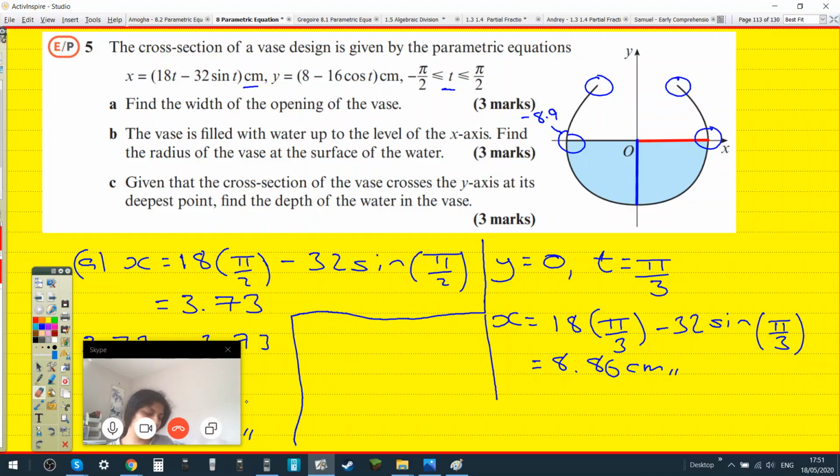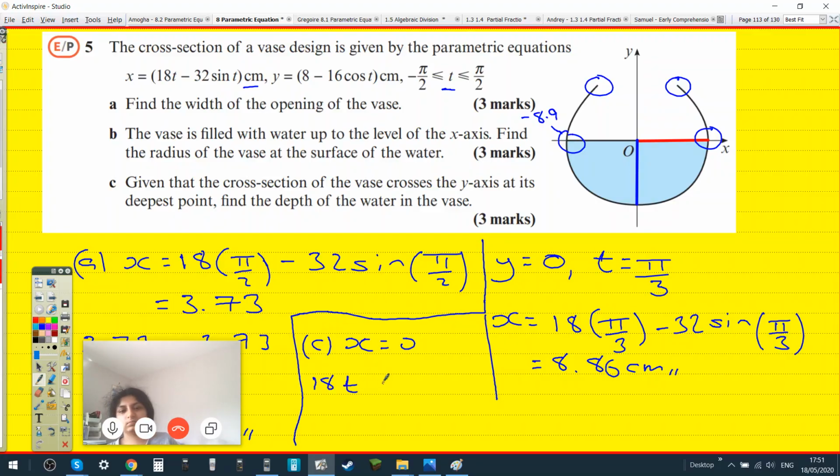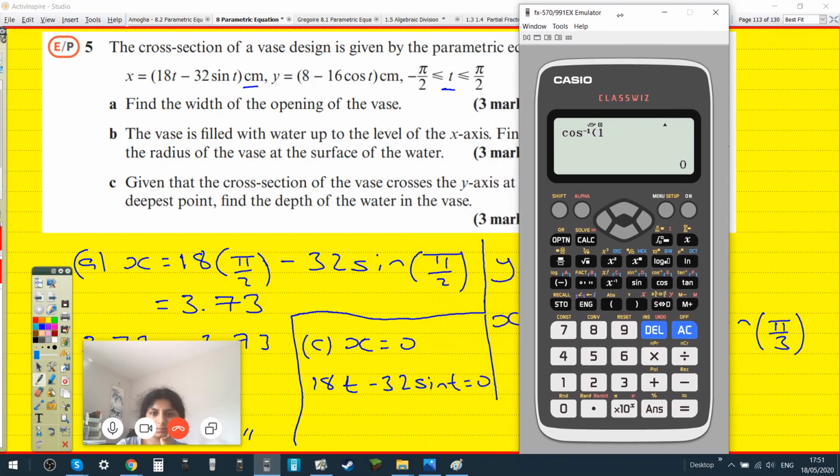How do you solve 18t is equal to 32 sine t? When x is 0, 18t minus 32 sine t equals 0.